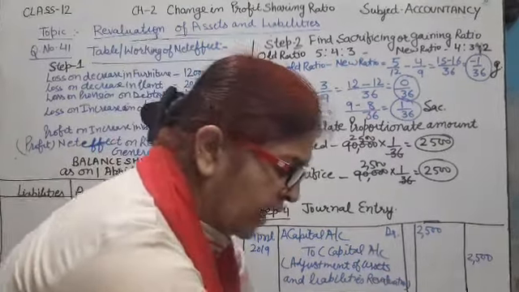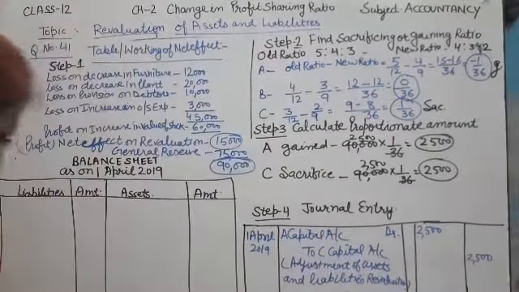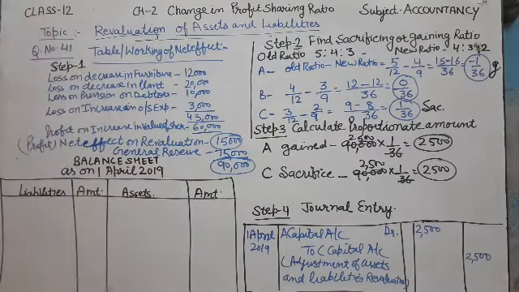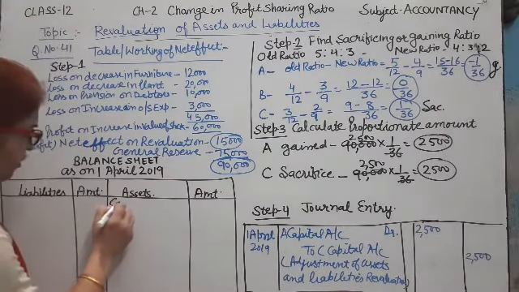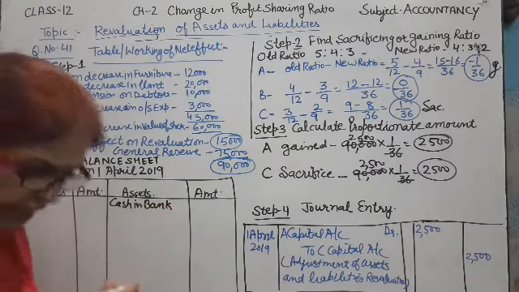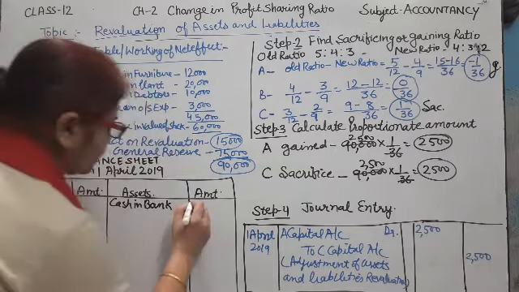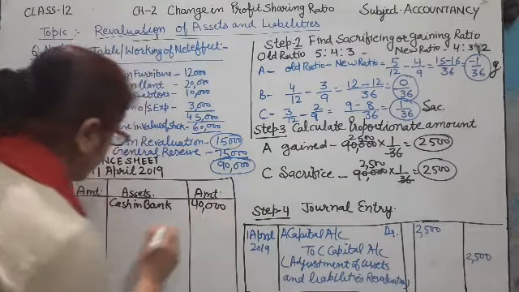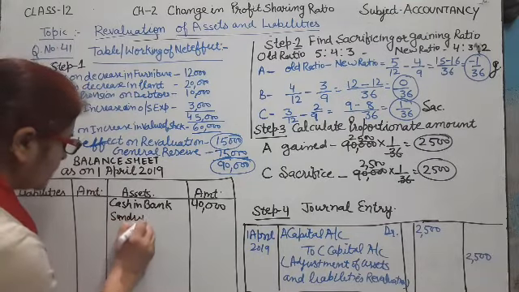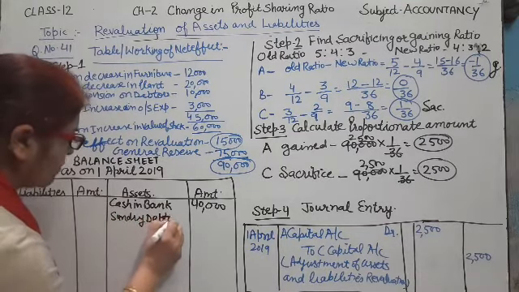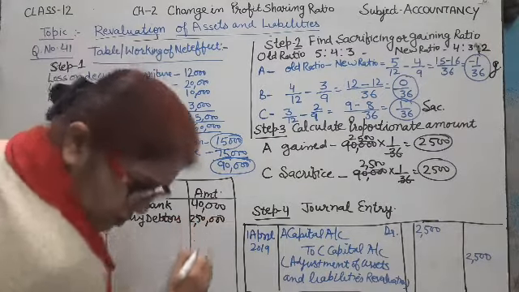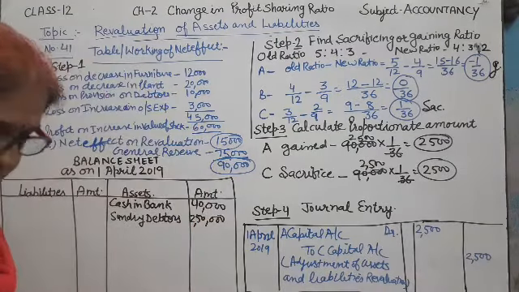In this balance sheet, there is no change in the value of asset. We record same as which is given in our question. For example, cash in bank, first asset, cash in bank, rupees 40,000, same. Next asset is debtors, sundry debtors, amounts are 2,10,000.